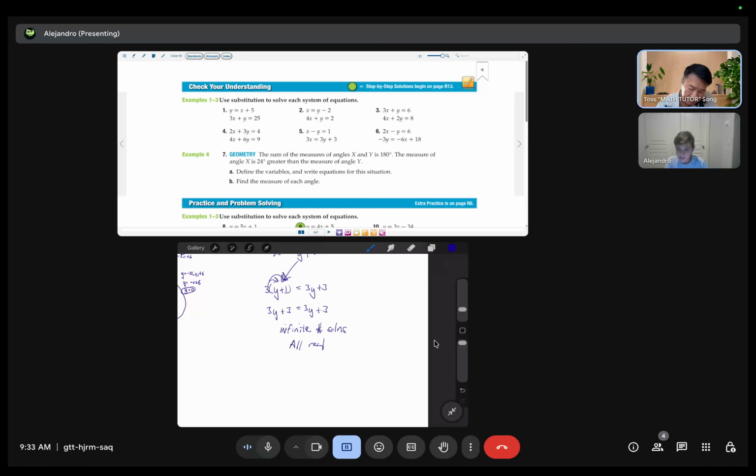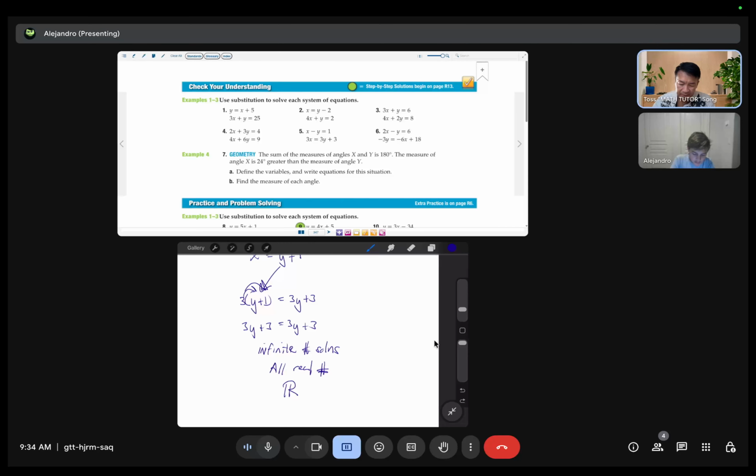It could also be negative infinity to positive infinity, but you don't have to write that. Don't worry about that one. But there it is. You can write infinite number of solutions, all real numbers, or the all real numbers symbol.